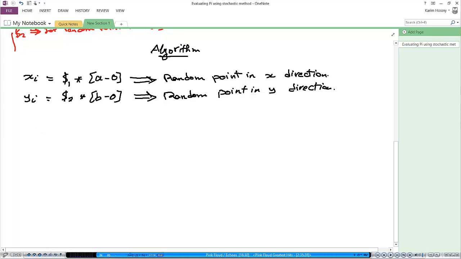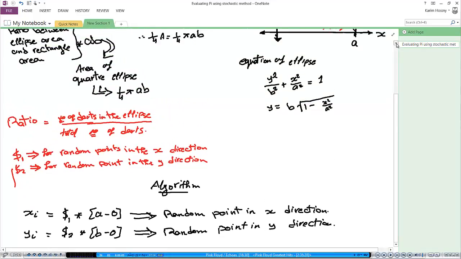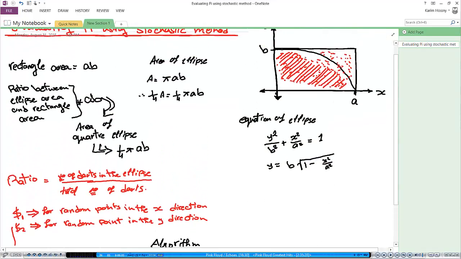The next stage is to compare between the yi and the xi. Here we have those at xi, they will be corresponding to yi. Let's say this is xi. The yi may be here or maybe here.